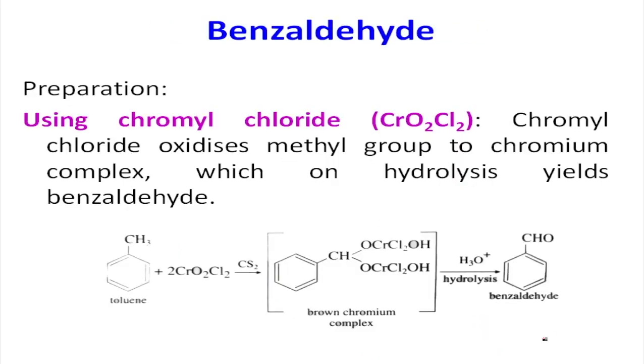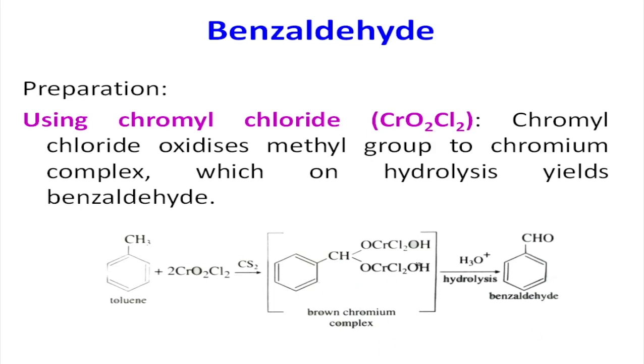Benzaldehyde preparation using chromyl chloride. Chromyl chloride oxidizes the methyl group to a chromium complex, which on hydrolysis gives benzaldehyde.